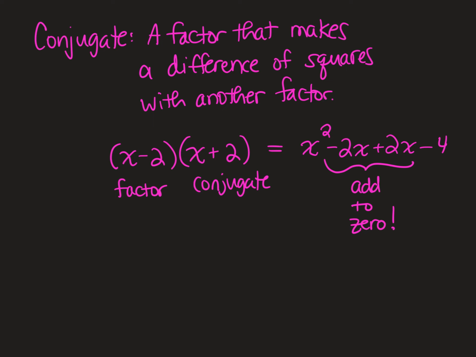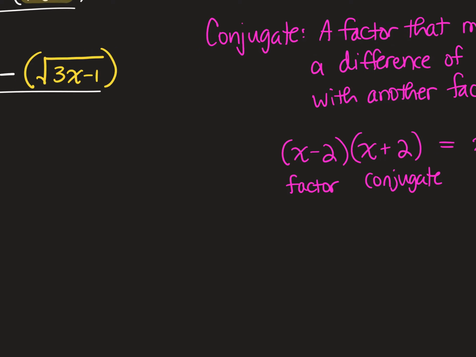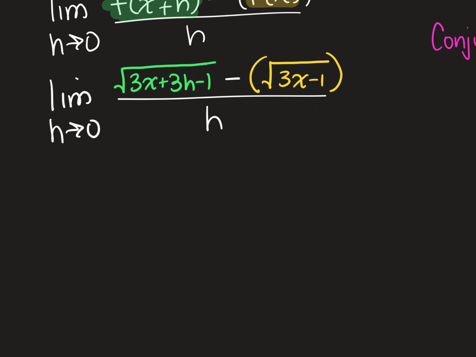And I bring that whole piece into the puzzle because that's exactly what we're going to do with our limit right now. We're going to multiply by the conjugate. So if we go back over here to our function, I'm going to rewrite this on the line below because I didn't leave myself enough space. So the limit as h approaches 0 of my function over h.